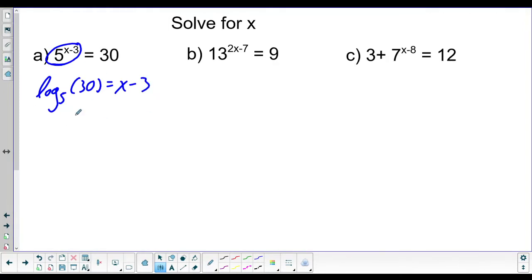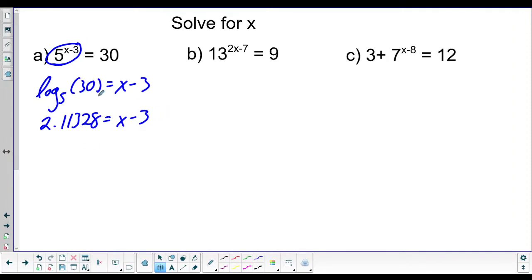Once we have this, we're going to type the log section into our calculator. So we're going to have log base 5 of 30. Type it into our calculator, and our calculator will spit out a decimal. It's going to be 2.11328 equals x minus 3.